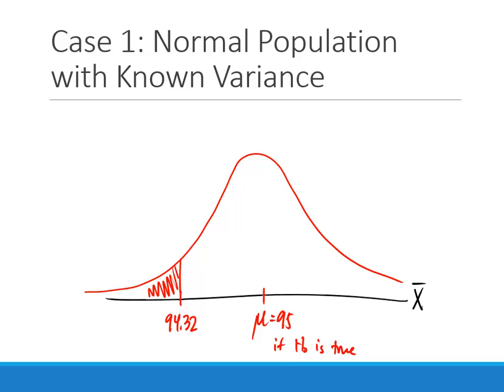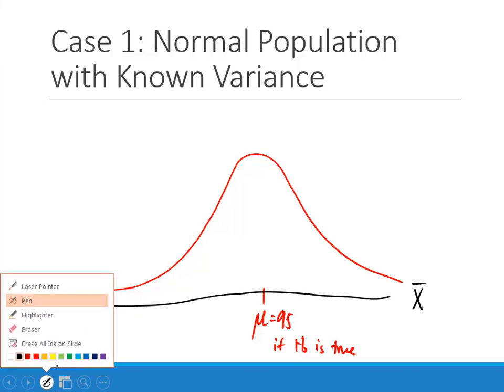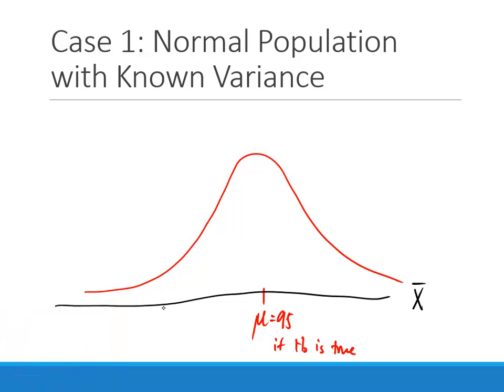What we found is that the big calculation we did just before was to find this value, which was 94.3. So if our test statistic was anywhere down in this direction, we were going to reject.